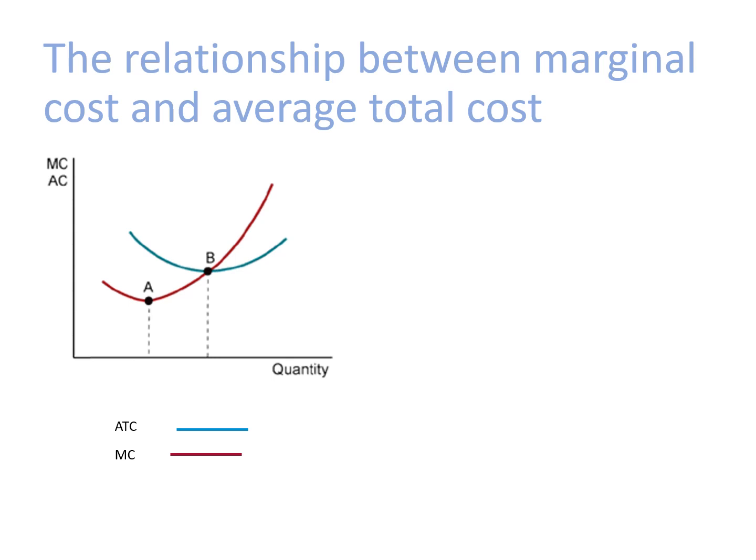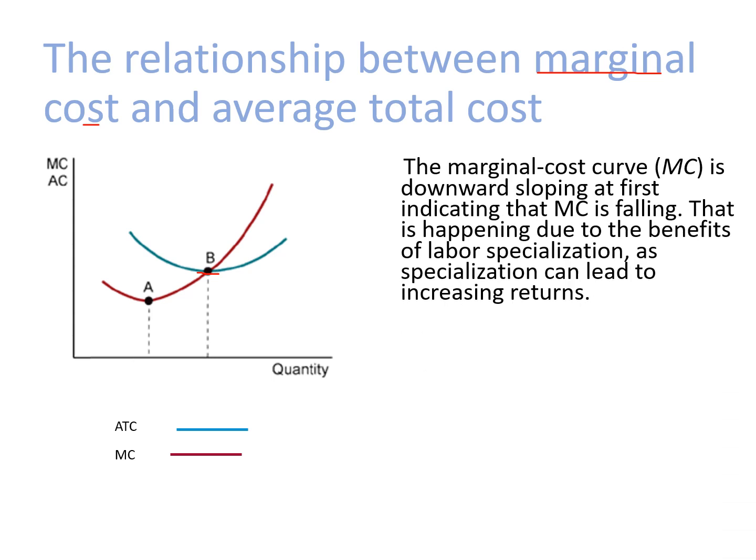Okay, so here we can see the relationship between the marginal cost and the average total cost. We noted that it will intersect at the minimum of the average total cost. The shape of the marginal cost graph, which is this one here in red, will typically be decreasing at the start.